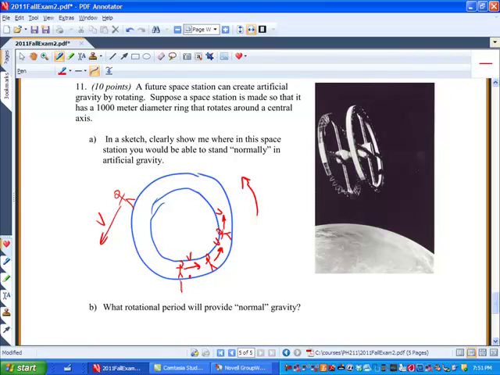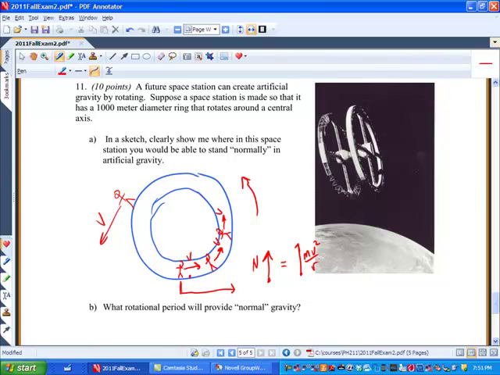So if we were to look at this original person right here, the free body diagram would be nothing but a normal force pointing up, and that's going to equal mv squared over r because the person's going in a circle. So where do you stand normally?